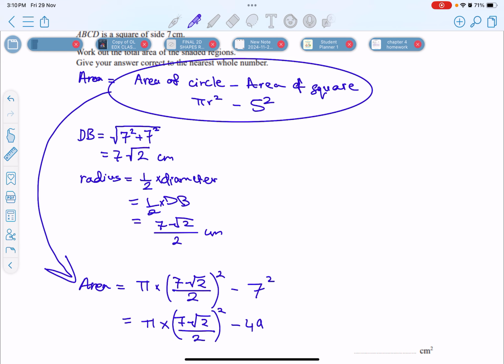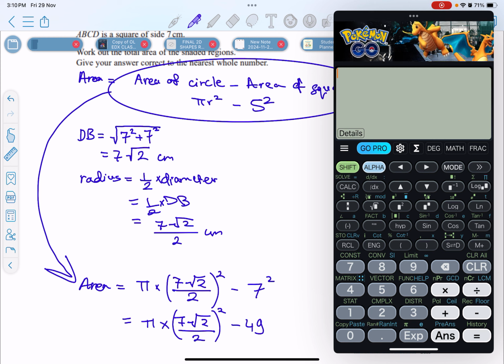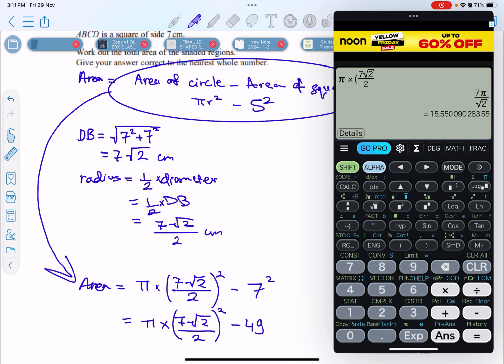squared, minus 49. So I'm going to write it on the calculator: pi times 7 root 2 over 2, all to the power of 2, minus 49.